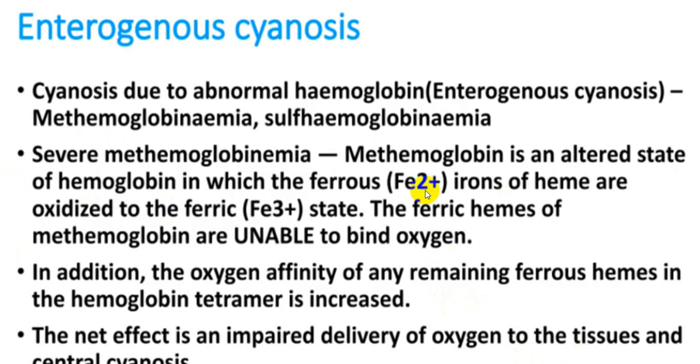In sulfhemoglobinemia, the blood is greenish in color. So sulfhemoglobin is a little greenish in color, while in methemoglobinemia, it is a little brownish in color.